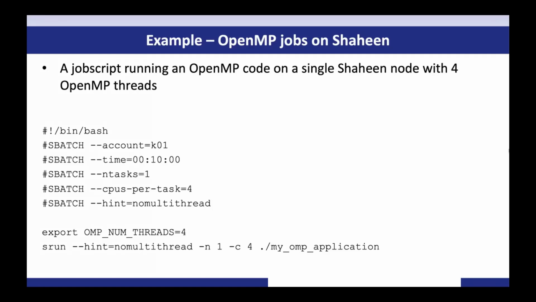This is requested through the parameter cpus-per-task in the Slurm directives section, and is also passed to the srun command line as the -c argument. Before launching srun, we set the environment variable OMP_NUM_THREADS. The srun command on Shaheen exports the environment set in the current shell by default.